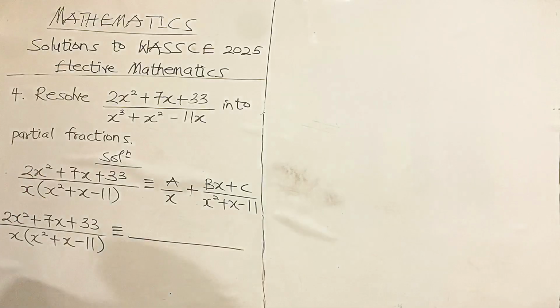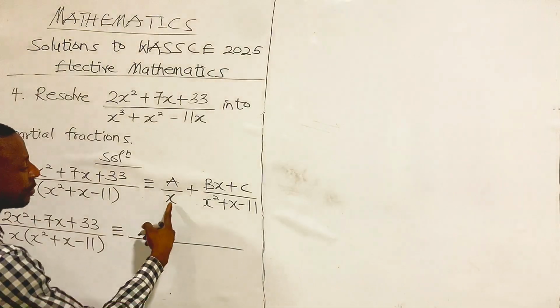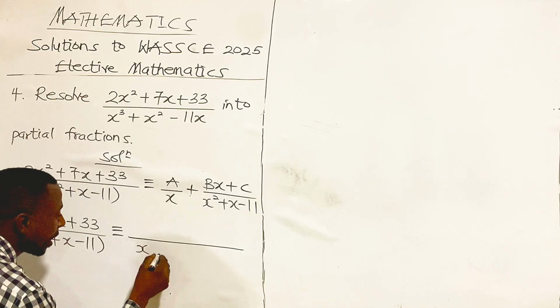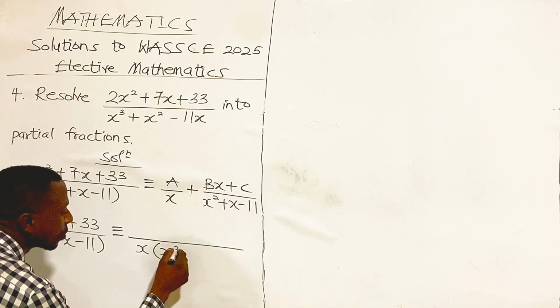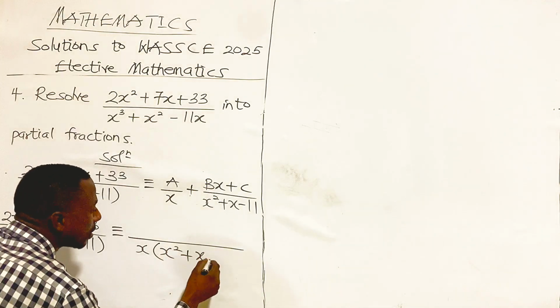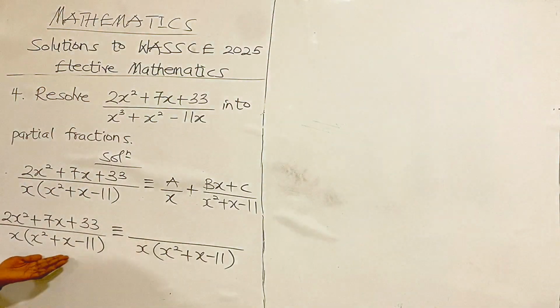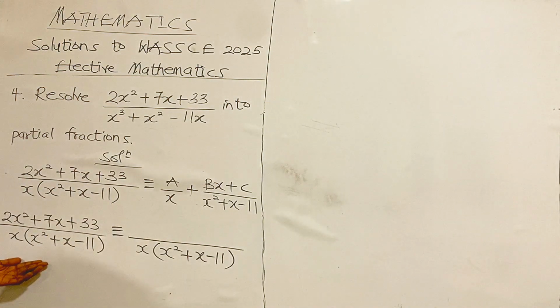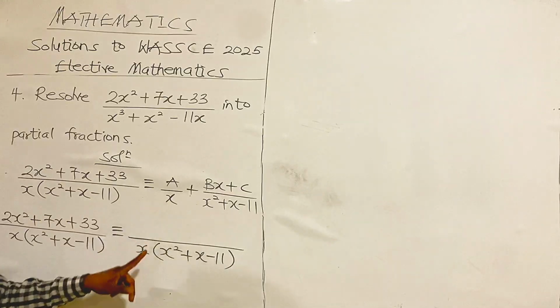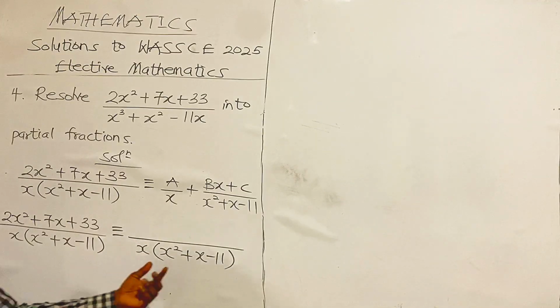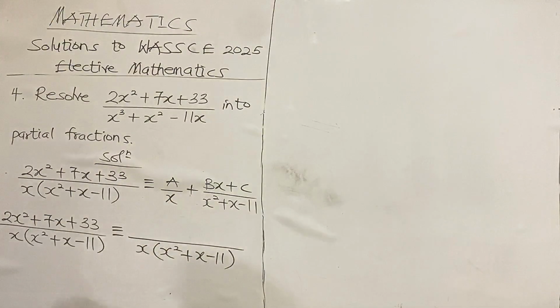from here we can find the LCM. So LCM of this and this, we have x into bracket x squared plus x minus 11. This will be the LCM, just like the denominator we have from here. This is the same as this. In that case, the other one will multiply the a.